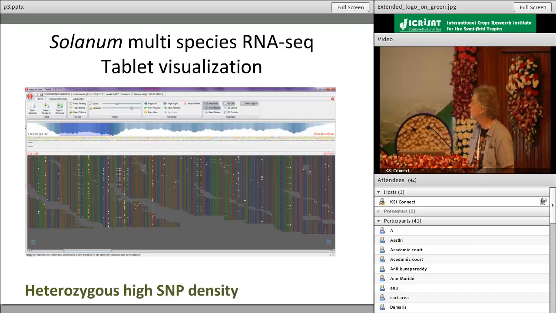It's an RNA-seq data set, and I think we've taken RNA-seq from 8 different species. The big question is, first of all, what do you map it back onto? We have a reference sequence for potato, but it's a diploid homozygous potato, which is really nice for sequencing. But one of the issues then is what do you map it back onto?